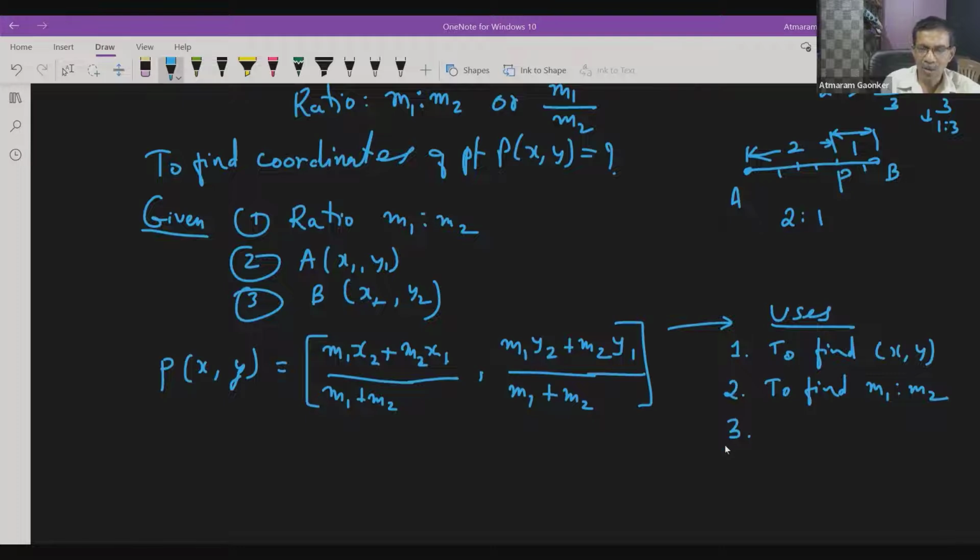This formula is also used to find x1 comma y1 if x and y are given. This also can be used to find x2, y2 if x comma y is given. So there are 4 uses of this formula. The problem can be anything to find, but the formula will be the same. Is it okay?